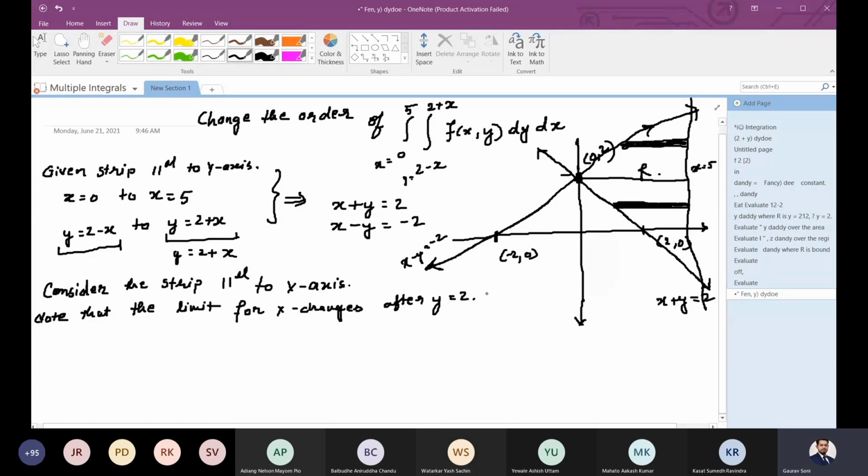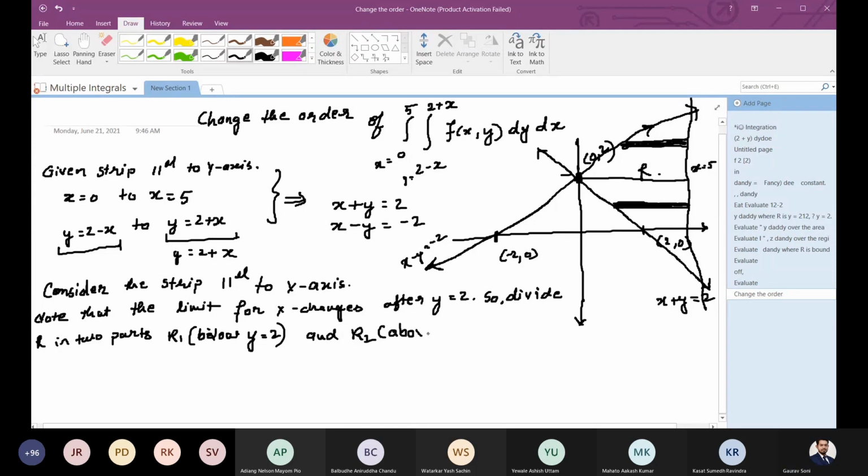So what we do is we divide the region in two parts. Divide R in two parts: R1, which is below y equal to 2, and R2 above y equal to 2.